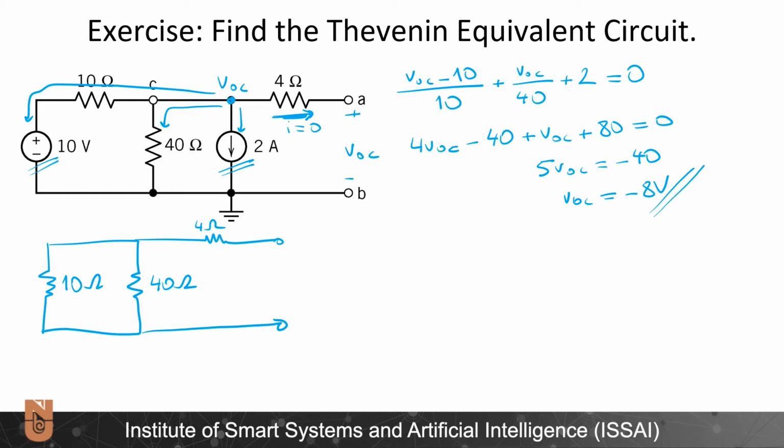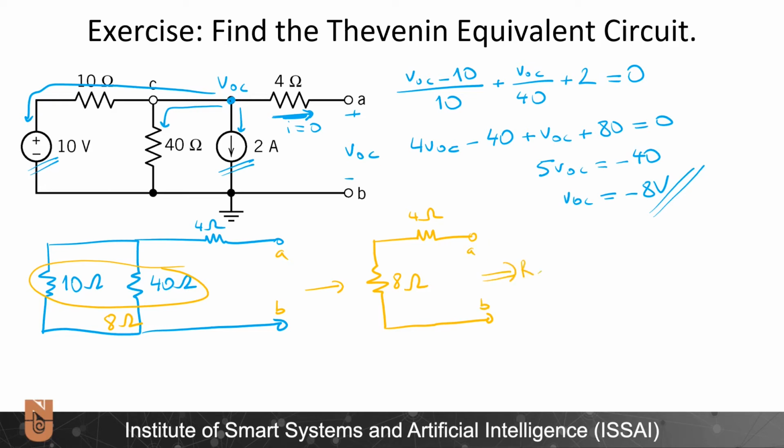So 40 in parallel with 10 will give the equivalent resistance of 8 ohms. Then this circuit will be simply reduced to 8 ohms, 4 ohms, and the output ports A and B. And since 4 and 8 are in parallel, our equivalent is equal to 12 ohms.